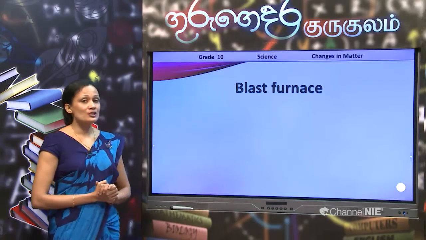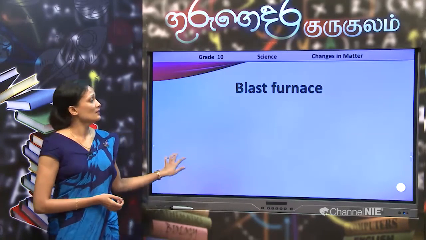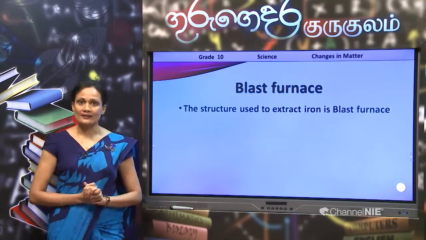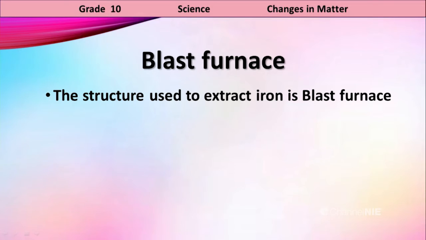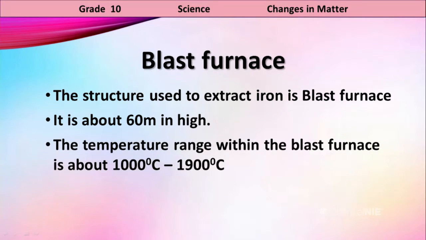After that, we use a special furnace for extracting the iron, which we consider as the blast furnace. The blast furnace is about 60 meters in height, and the temperature range within it is about 1000 degrees Celsius to 1900 degrees Celsius.